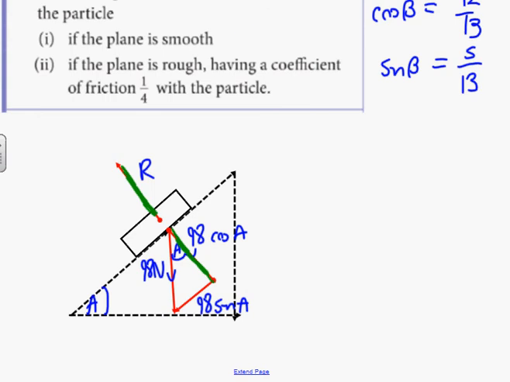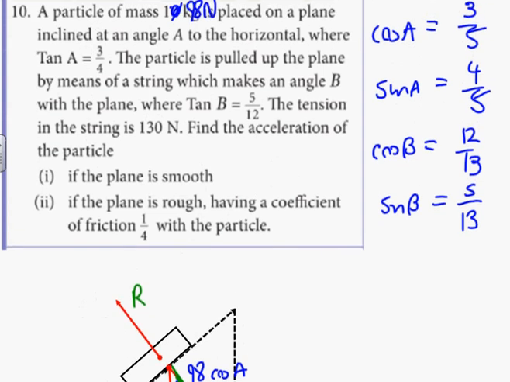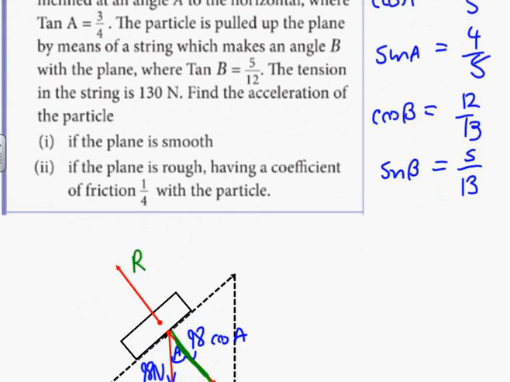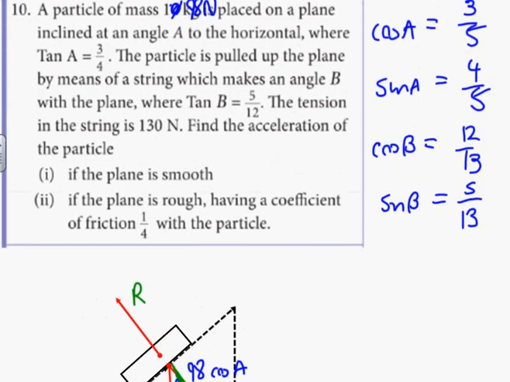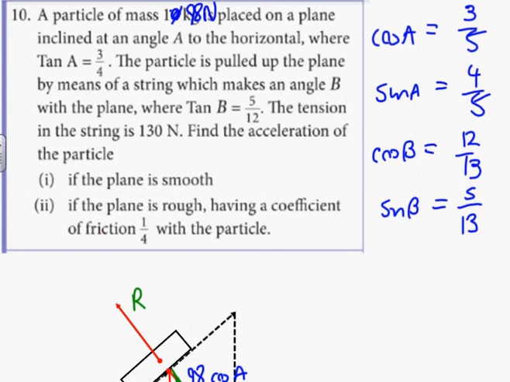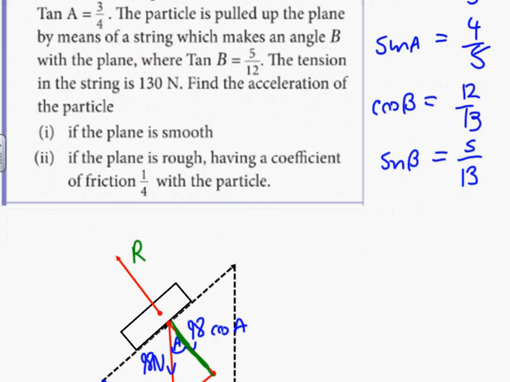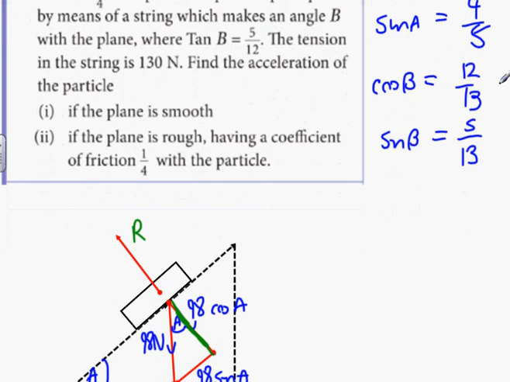So next thing we have to consider is, that's great if there's no external forces, but there is an external force. What is the external force we're looking at here, guys? A pulling force, isn't it? And the tension in the string is 130 newtons. So look at this. We start pulling this from its center, or just up here.